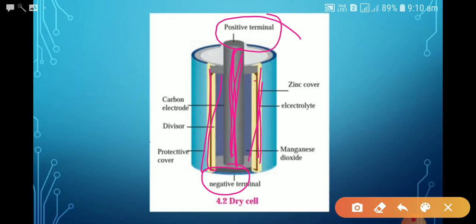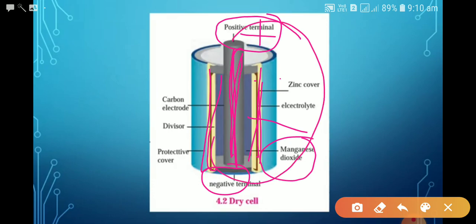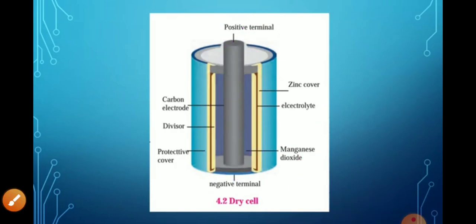Outside the carbon rod, a paste of manganese dioxide is filled. The chemical reactions of all these chemicals are very slow, and they produce charges that flow from the positive terminal to the negative terminal and constitute a current. So this is the construction and working of a dry cell. You have to draw this diagram in your notebook and study how a dry cell is made.